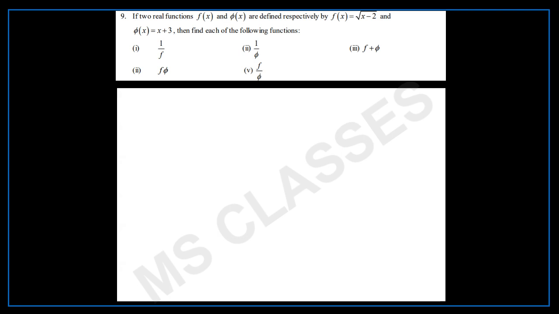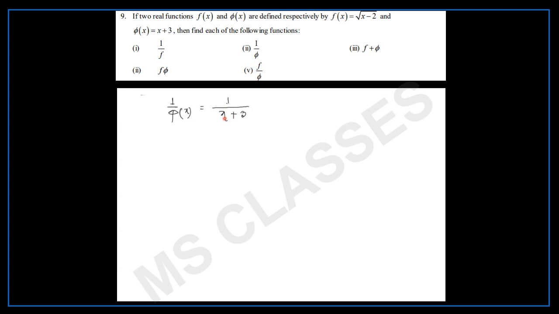Next, part 2. It is given 1 by phi(x), so it is 1 by x + 3. Now this will be defined when this is not 0.